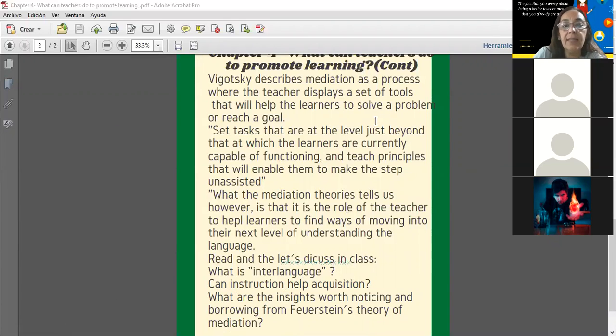Set tasks that are at the level just beyond that at which the learners are currently capable of functioning, and teach principles that will enable them to make their step unassisted. Think about the texts that you chose, the language that you use in the input. In general, did you get any comments?